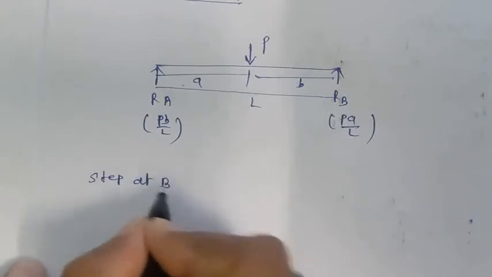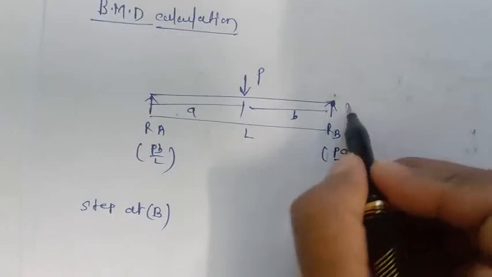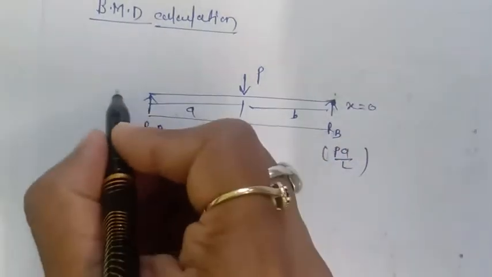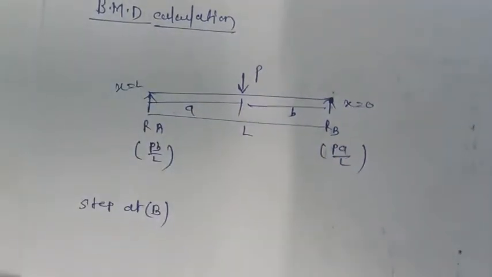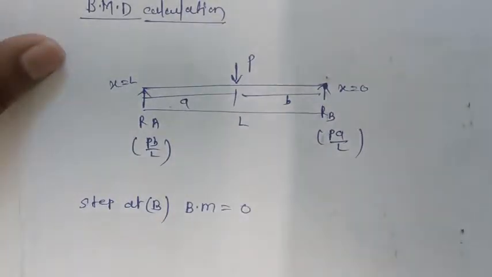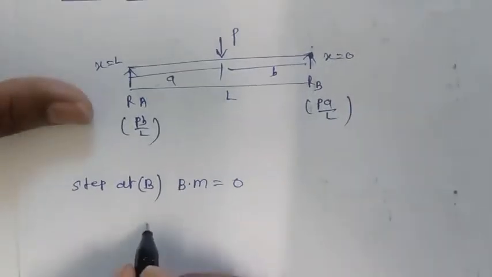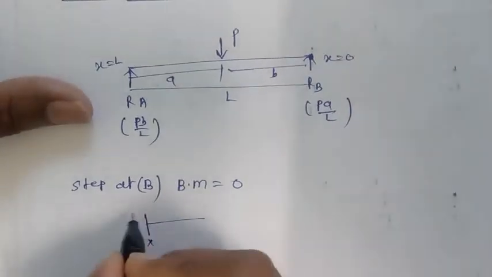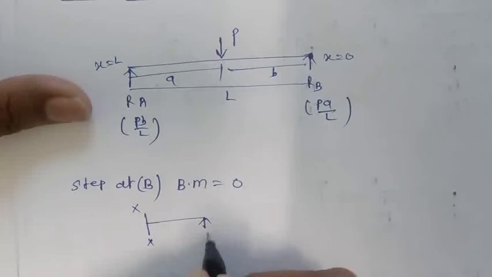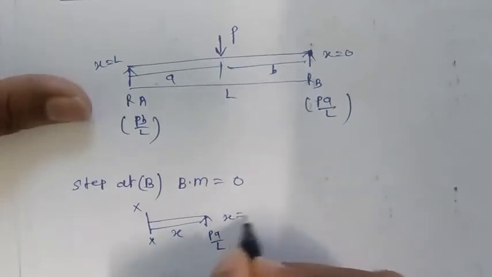If I see the bending moment diagram at B, there is no force, x equal to 0 here and x equal to L here. So at B the bending moment will be 0. So how will it be 0? For that, if you cut any section x, this is nothing but PA by L up to section x where x equal to 0.